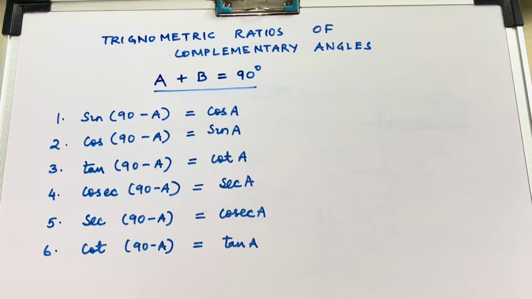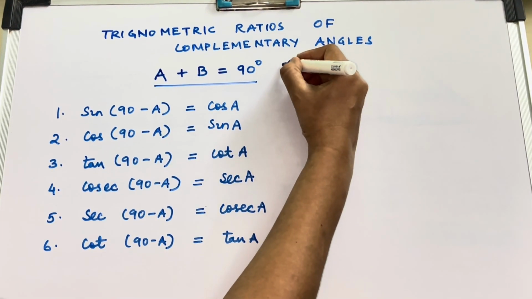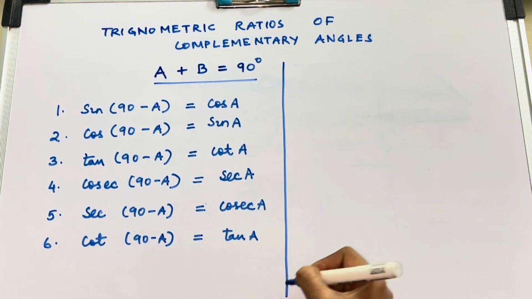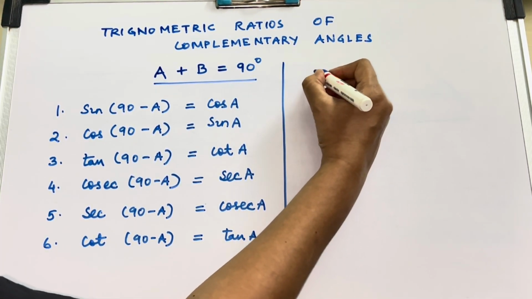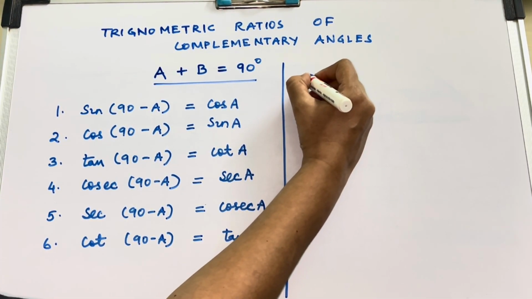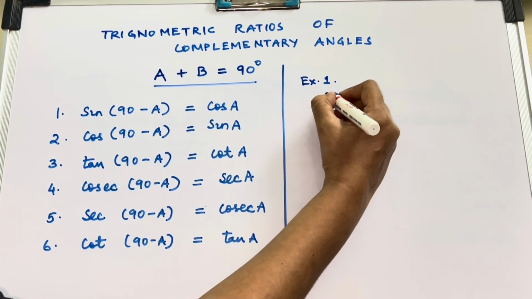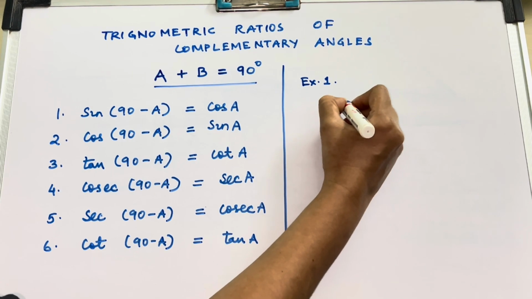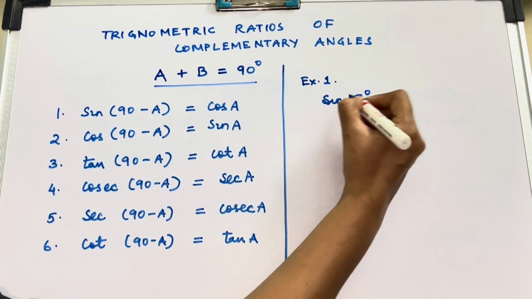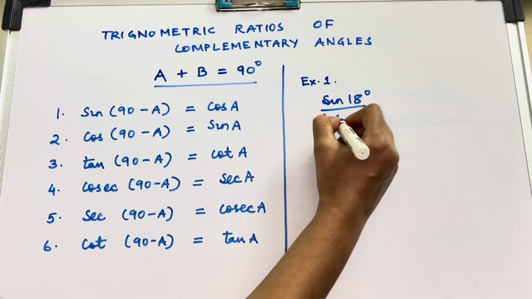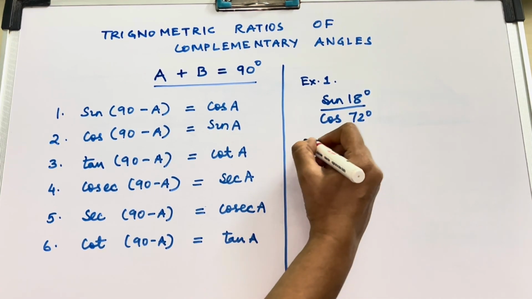We will be solving examples related to this. The first example is a very easy example and it will help you understand the concept. How to solve if the value is given in angles like sin 80 degrees upon cos 72 degrees.